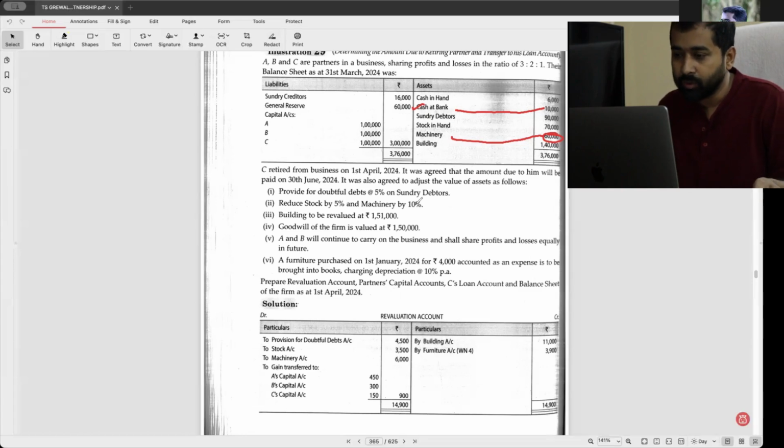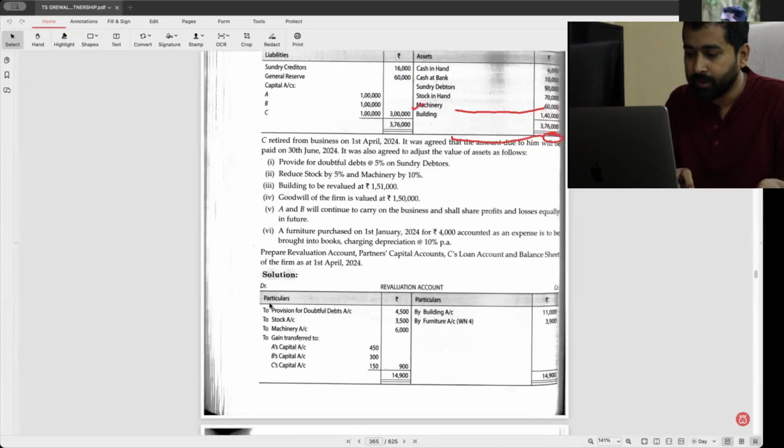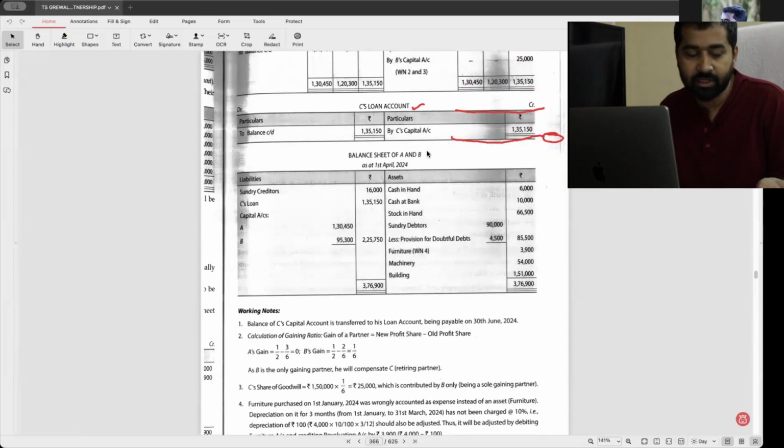Now, cash in hand, cash at bank, sundry debtors already taken, stock already taken, machinery already taken, building also taken. If you could not understand, I am showing you here. When we did the revaluation account, all those things were taken. See, cash in hand taken, cash at bank taken, stock in hand, sundry debtors, furniture, machinery, building, all taken at the time of revaluation.